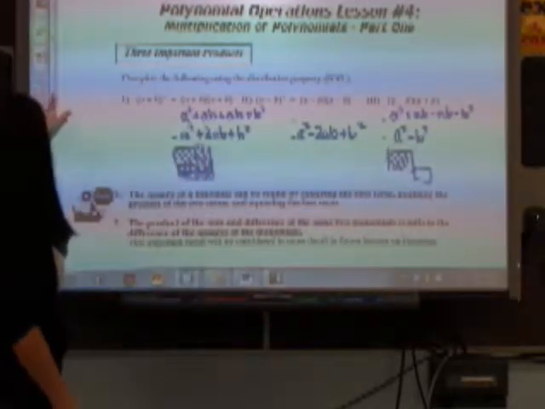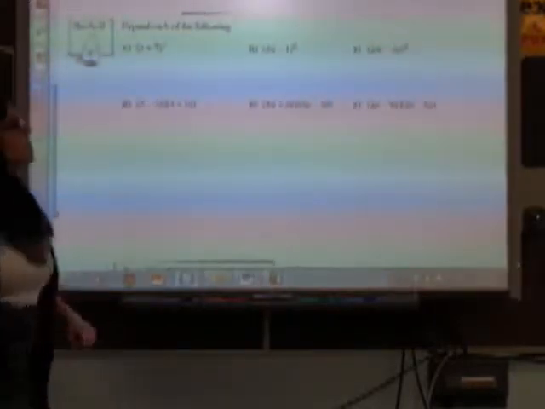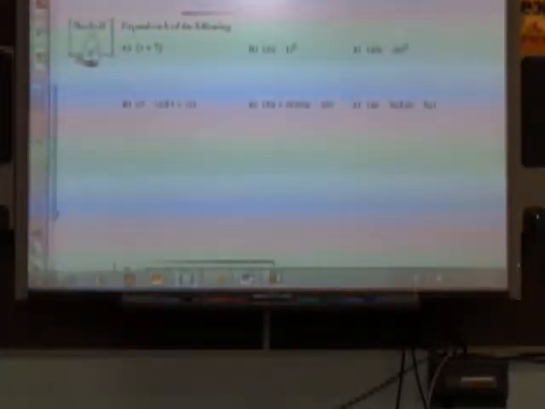Okay. So do class example number 1. The idea being, try to see if you can shortcut it. So what would (x + 7) squared equal if I expand it out? So I'd square the first and I would get x squared.